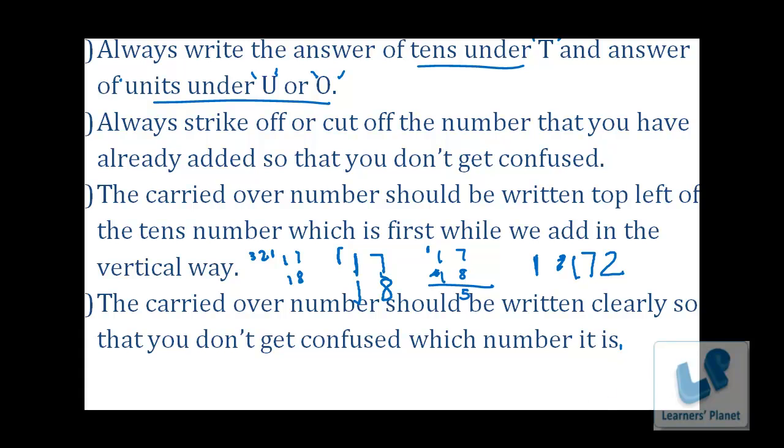Now children, we'll start off with the carryover addition. First, I'll give you a small example for horizontal and vertical way, so that it will be just a short recap of how we actually do it, and then we'll start off with the sums. Now suppose we have to add.